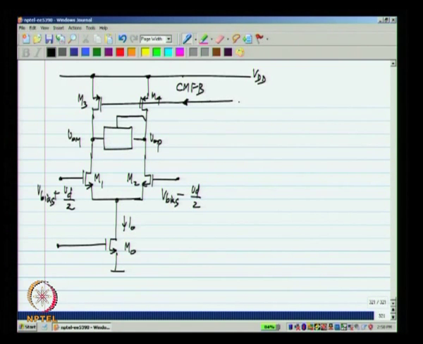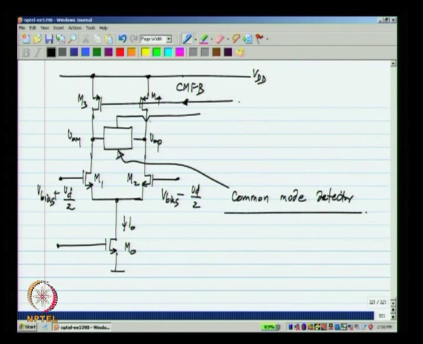I need to detect the output common mode voltage. Let me call this the common mode detector. Okay. So, its output voltage will be nothing but VOP plus VOM divided by 2. Okay.